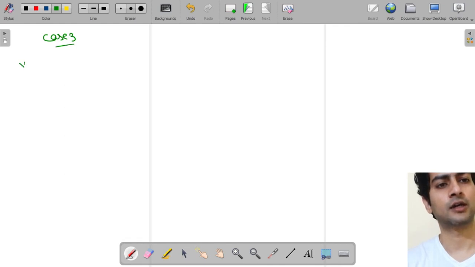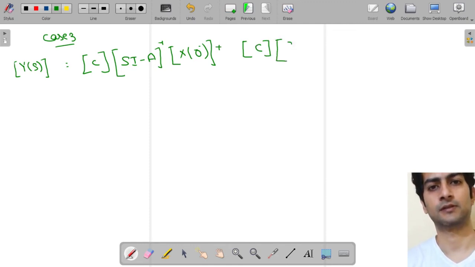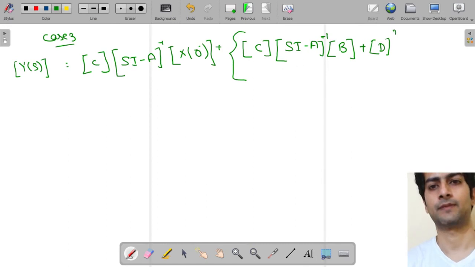So what we got is Y(s) can be written as C (sI minus A) inverse times the initial conditions, plus C (sI minus A) inverse B plus D, times U(s).